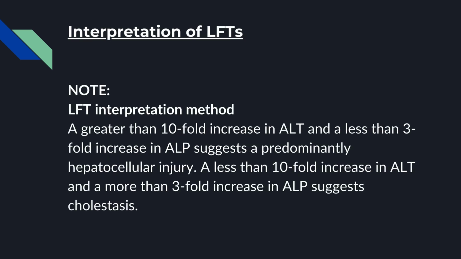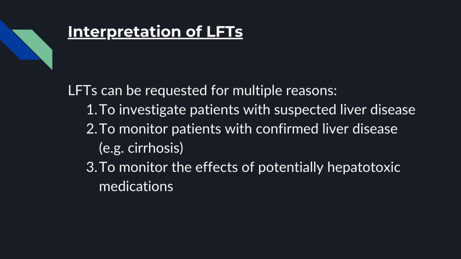Note: LFT interpretation method: a greater than 10-fold increase in ALT and a less than 3-fold increase in ALP suggests a predominantly hepatocellular injury. A less than 10-fold increase in ALT and a more than 3-fold increase in ALP suggests cholestasis. LFTs can be requested for multiple reasons: to investigate patients with suspected liver disease, to monitor patients with confirmed liver disease, for example cirrhosis, to monitor the effects of potentially hepatotoxic medications.